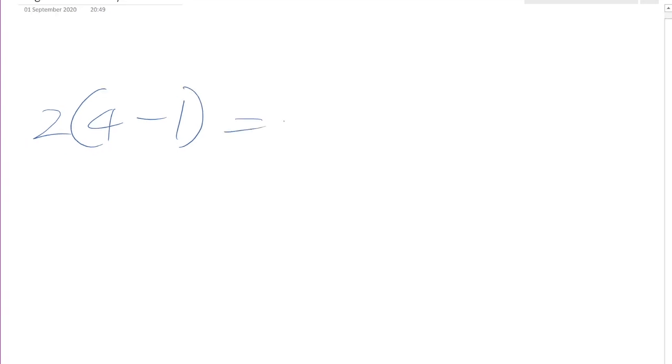You can do this with all sorts. If I had a bracket that was like 2 times 4 minus 1, obviously I can calculate the bracket first and do 4 minus 1 being 3, and then we know that's 6, or I can multiply everything in the bracket first, which is going to equal 2 times 4 minus 2 times 1.